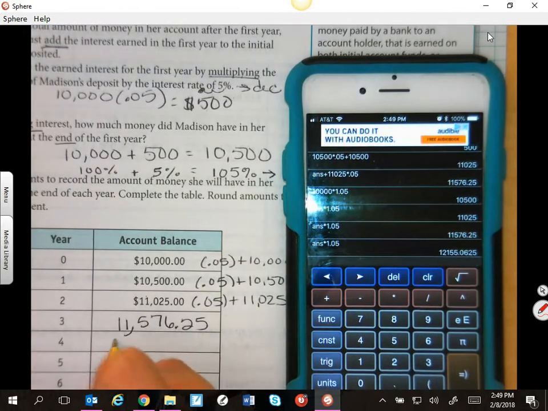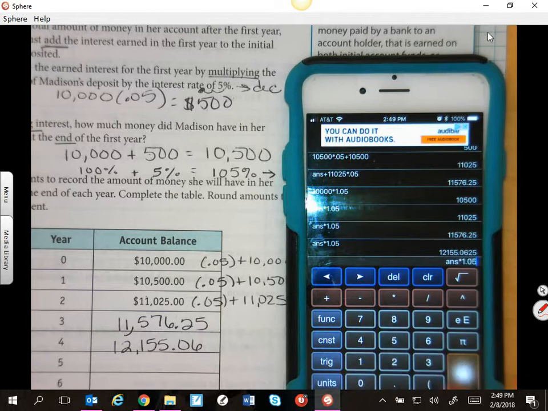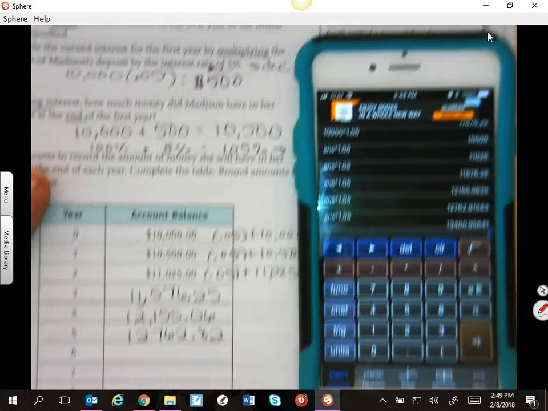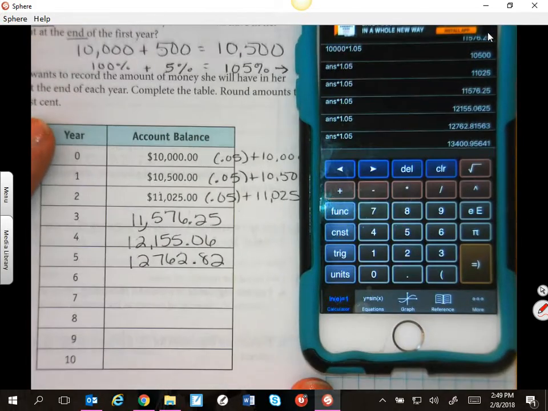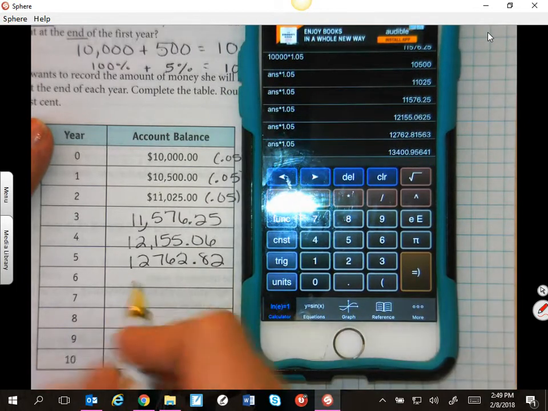So we get 12,155 and 6 cents. And you're just going to keep doing this. We have 12,762, we can round that to 82. And that's going to be a much easier method to fill in a table than saying times 0.05 plus the original.